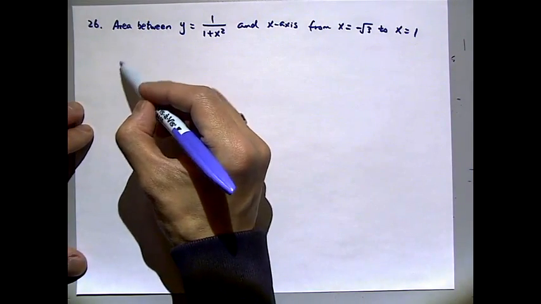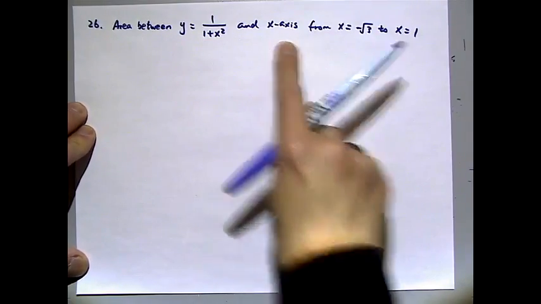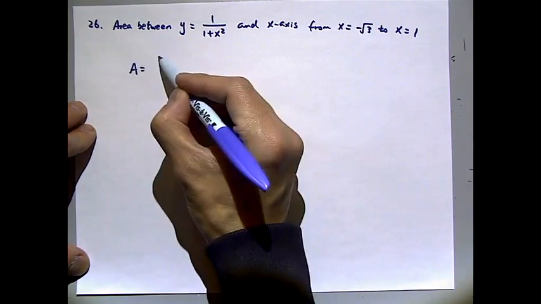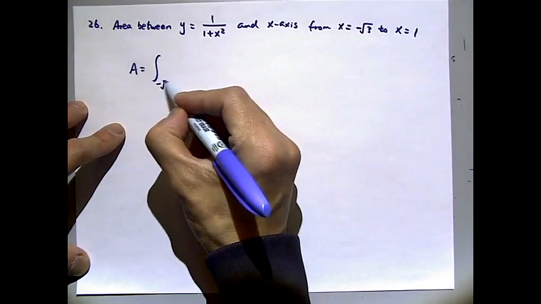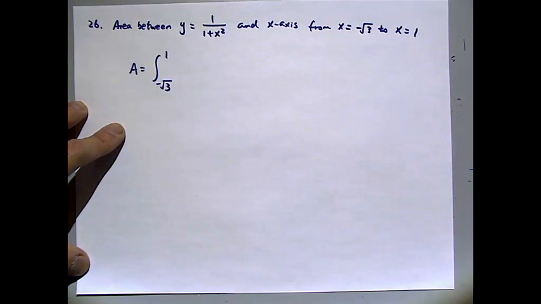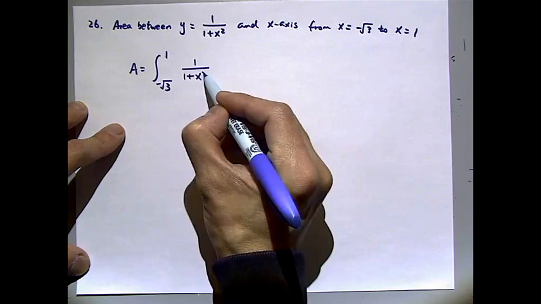Yeah, it's just an integration, you're right. We want the area between that and the x-axis from this to that. So that's a definite integration from left to right underneath 1 over 1 plus x squared.